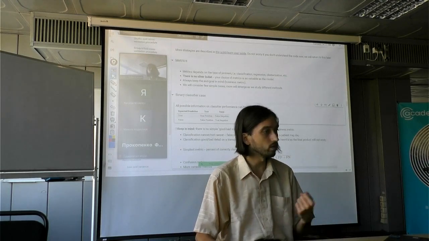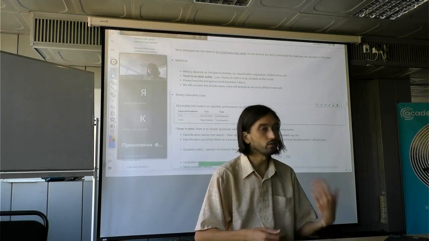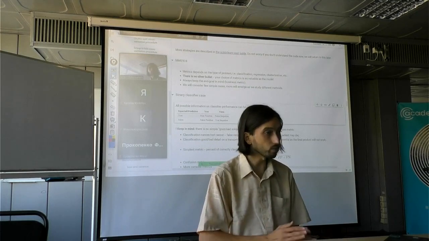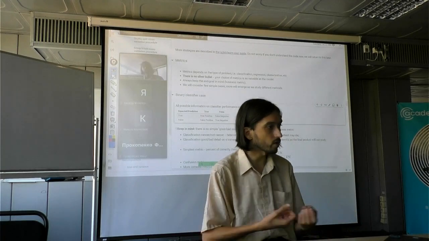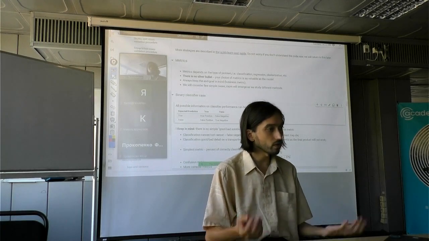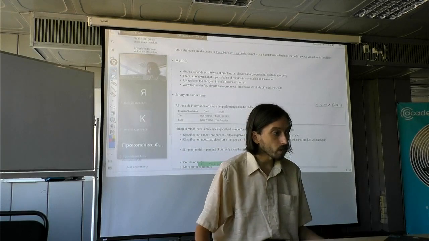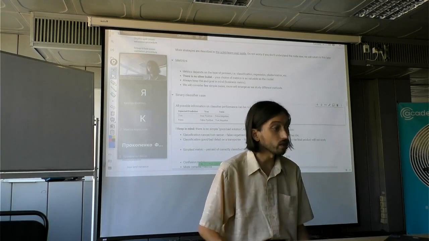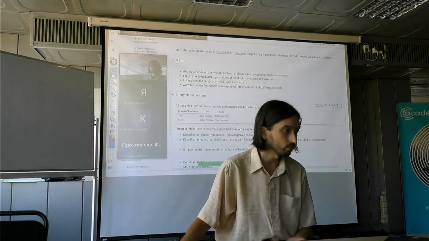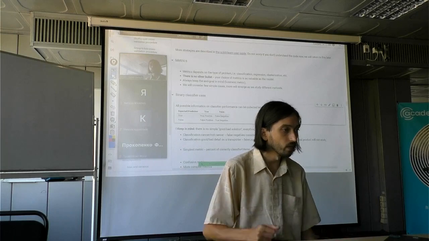Moreover, you want to know whether you can use your model in practice, where the rubber meets the road. You want to do something with it, but you want to know how good your model is. Will it perform well enough to make something from it?